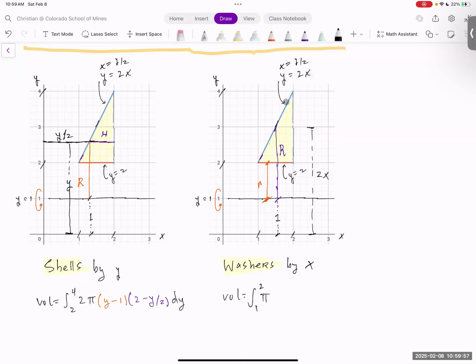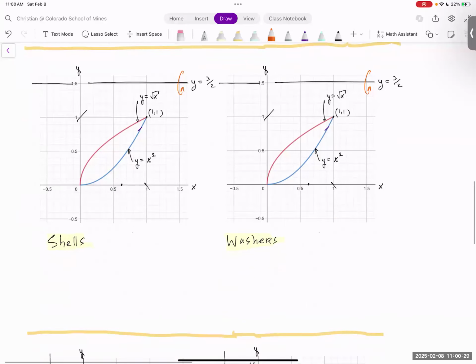So our radius is going to be 2x minus 1 for our big R, 2x minus 1, squared, pi big R squared minus pi little r squared dx. And the little r is a height of 1 all the time, because it goes from the y equals 1 axis of rotation out to the curve. So that's 1. There we go.